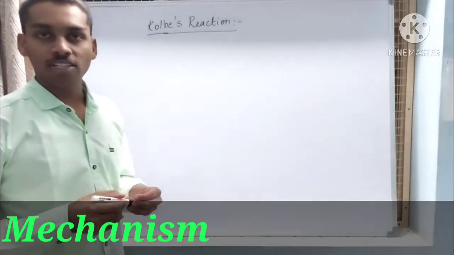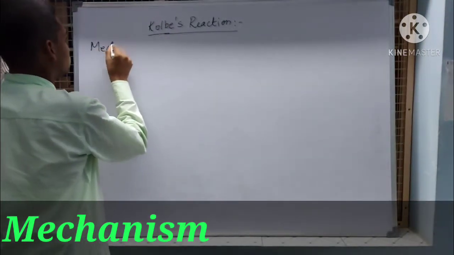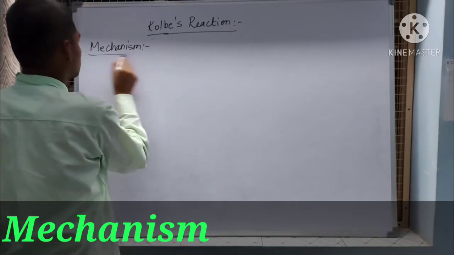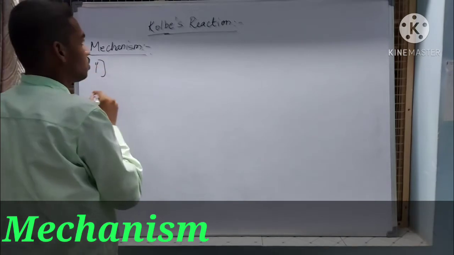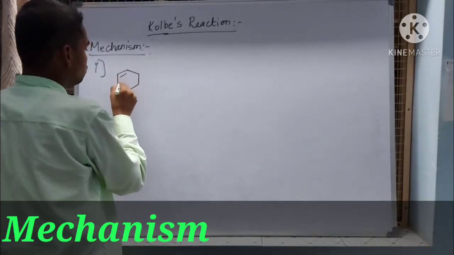Mechanism of Kolbe's reaction is very simple. So let us see how the Kolbe's reaction works out, right? So this is the mechanism we are going to use. Already in the first step we got sodium phenoxide, right?